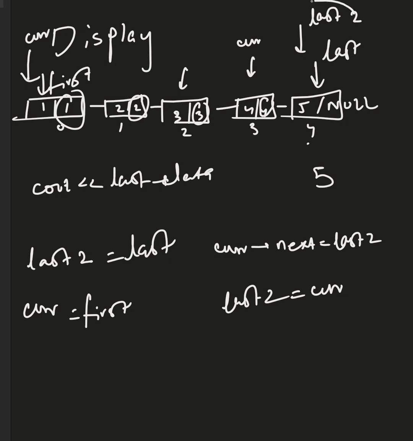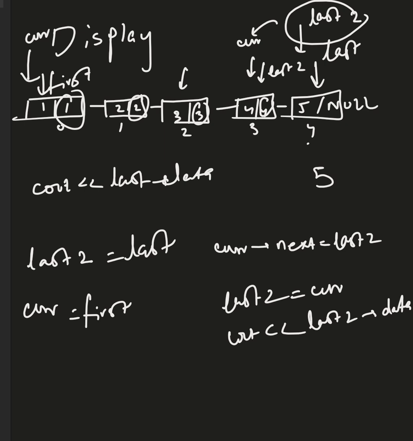So now my last2 moves from here to here. My last2 is over here and I will cout again last2 data. And then I will keep repeating the loop. I will move current back here and then I will do it till it reaches the point where the next of current is last2, and so on.